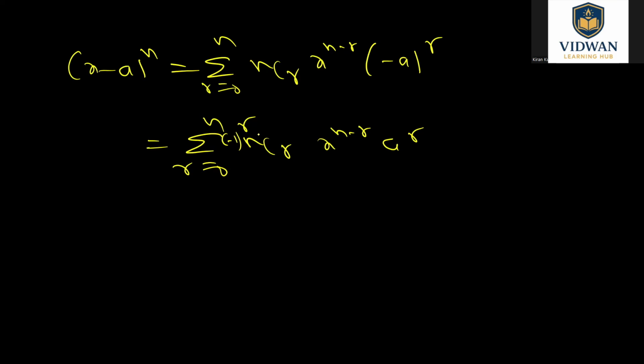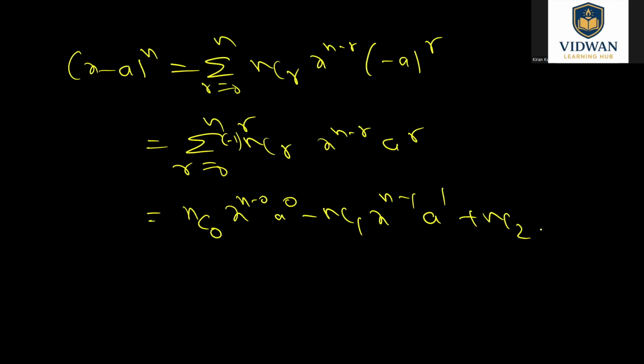When r is an even number, it will be positive. So when you open this expansion, it will have nC0 x power n minus 0, a power 0, minus nC1 x power n minus 1, a power 1, alternately plus and minus, starting with a plus sign. For even coefficients you'll have plus, for odd coefficients you'll have minus. Then nC2 x power n minus 2, a square, minus nC3 x power n minus 3, a cube, and so on.